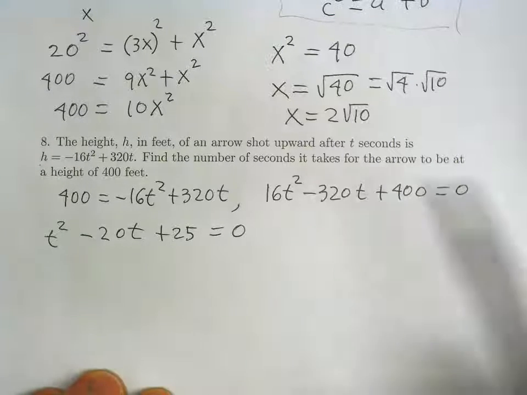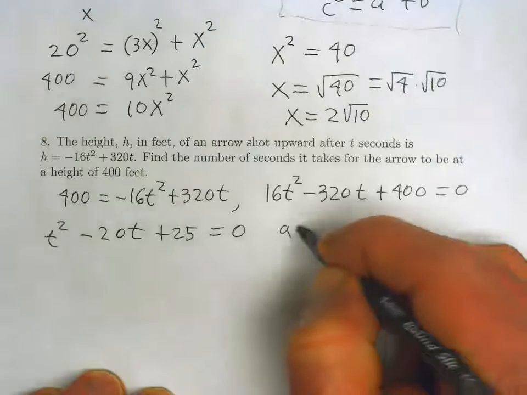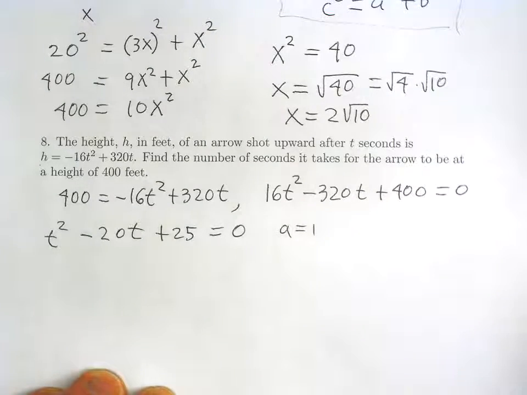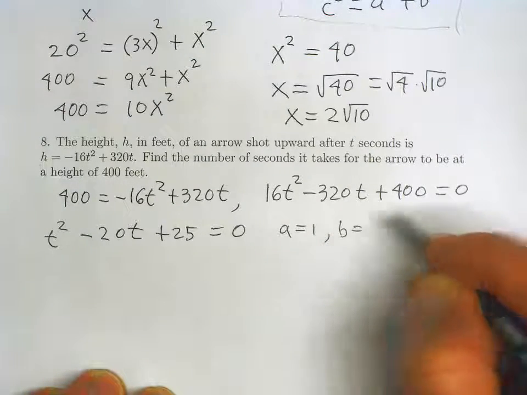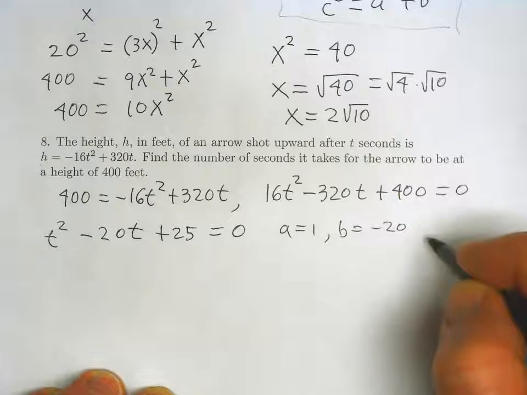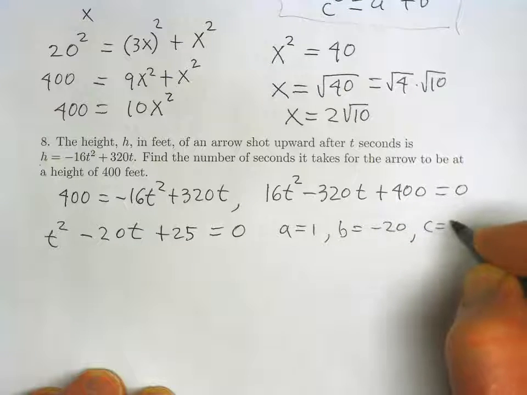So on this one, a is equal to 1. b is equal to negative 20. c is equal to 25.